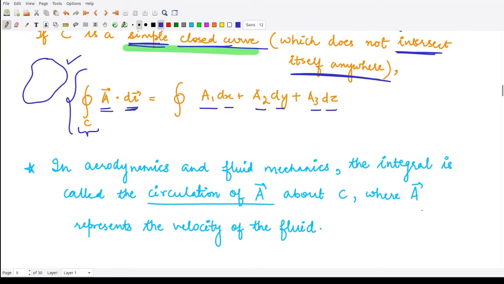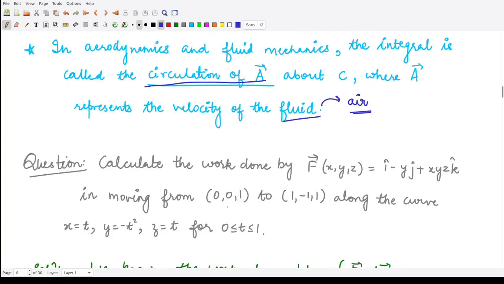In that case, the velocity of the fluid is that of the air. Whatever the velocity of air, this line integral gives the circulation of vector A, which represents how the fluid moves across that particular aeroplane.